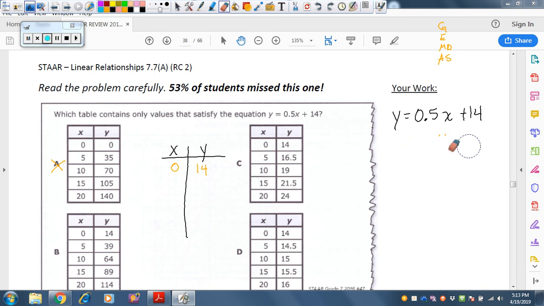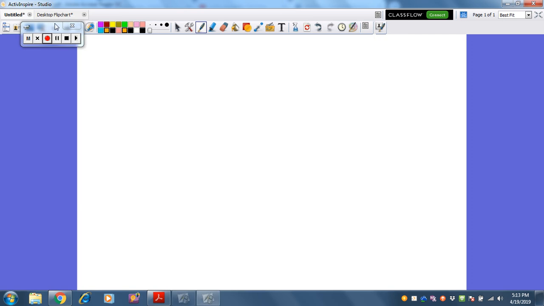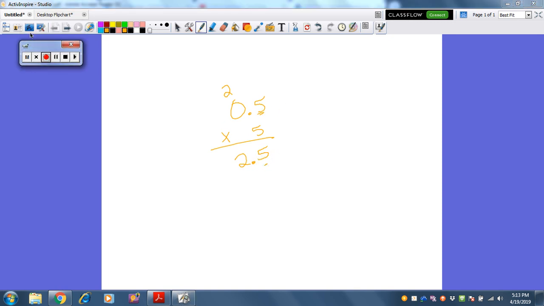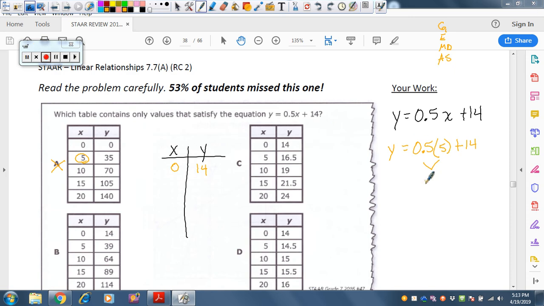The next one you're going to work out, to me, looks like 5. So y equals 0.5 times 5 plus 14. What is 0.5 times 5? Well, on some scratch paper, work that out. I have 2.5.